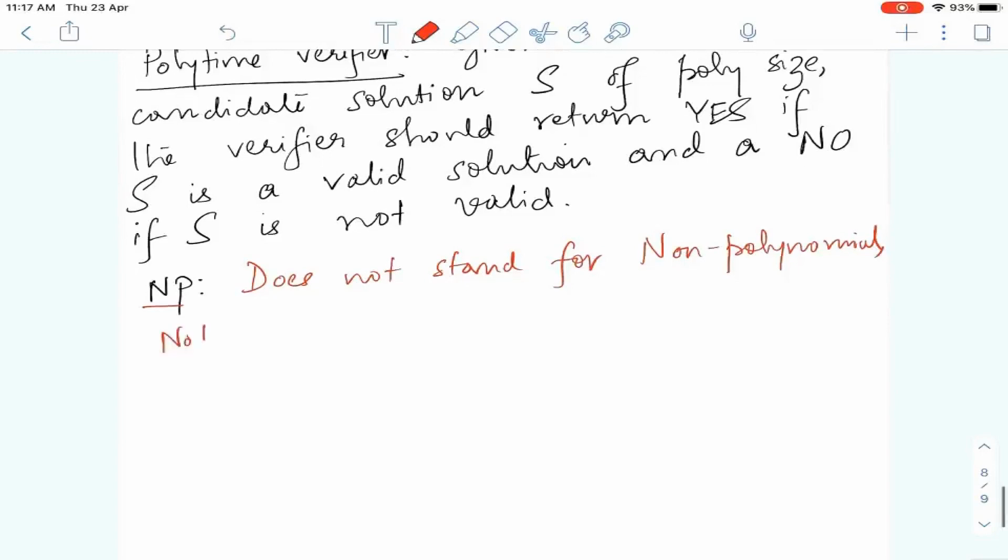It does not stand for no problem. So who knows what NP is an acronym for? Very good. NP stands for non-deterministic polynomial time.